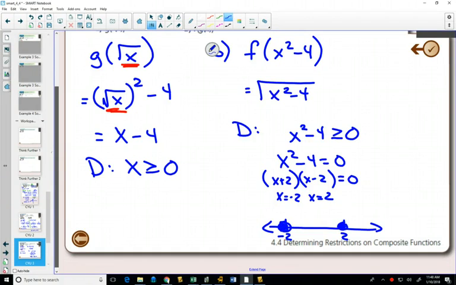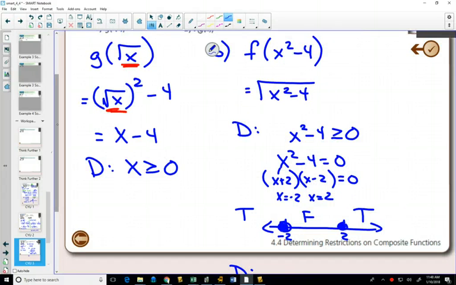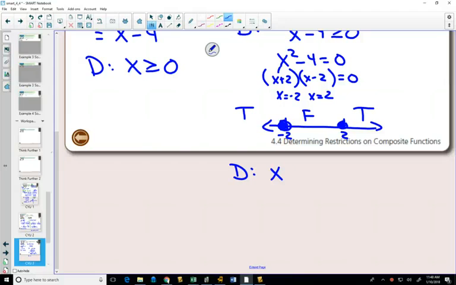And we find out that it's true. When is it bigger than or equal to 0? Here, not here, and here. So the way that we would write this domain, x is less than or equal to negative 2, and you'd use the word or, x can be bigger than or equal to 2.